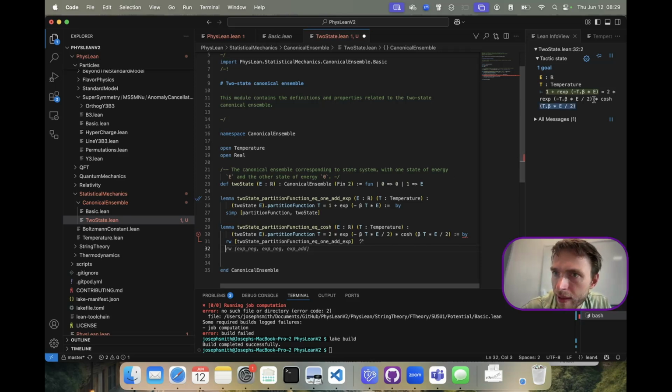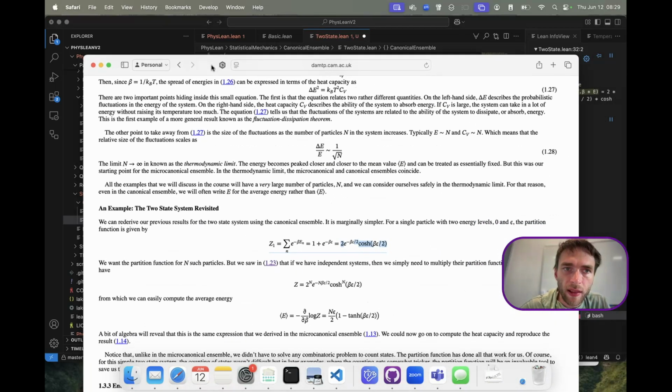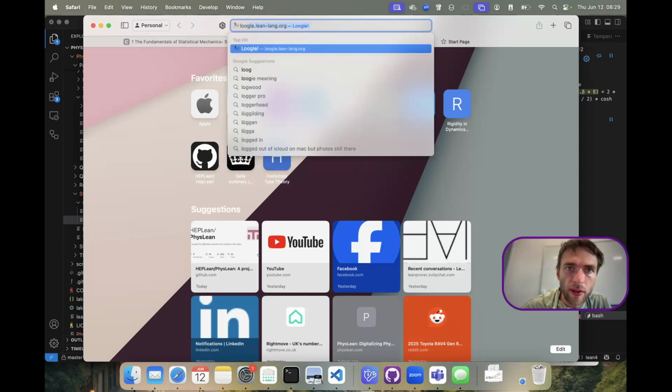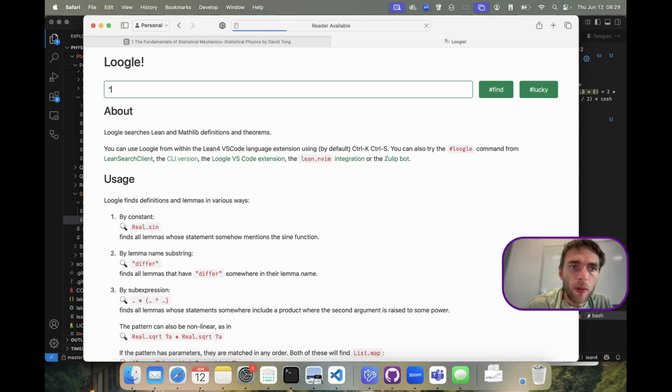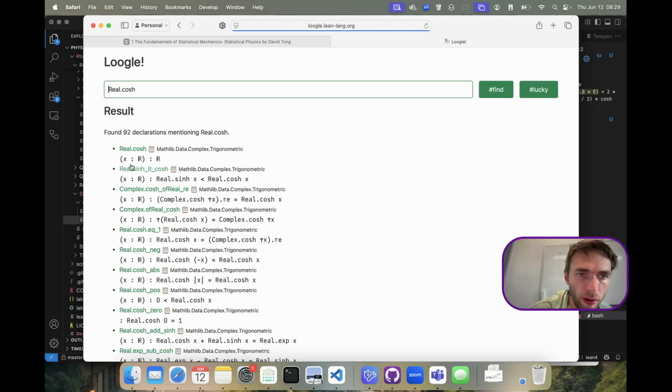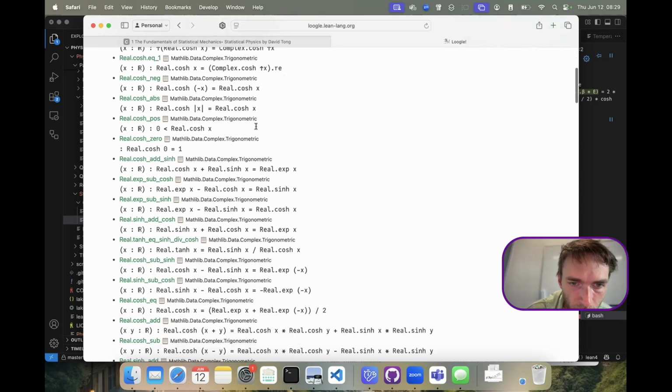And now we need to simplify this cosh thing. So the way that I would usually do this is I'll come over to the internet, go into Google, and type, for example, well, we want real.cosh. So we want results related to real.cosh. And we'll see all of the results that have this real.cosh in it.